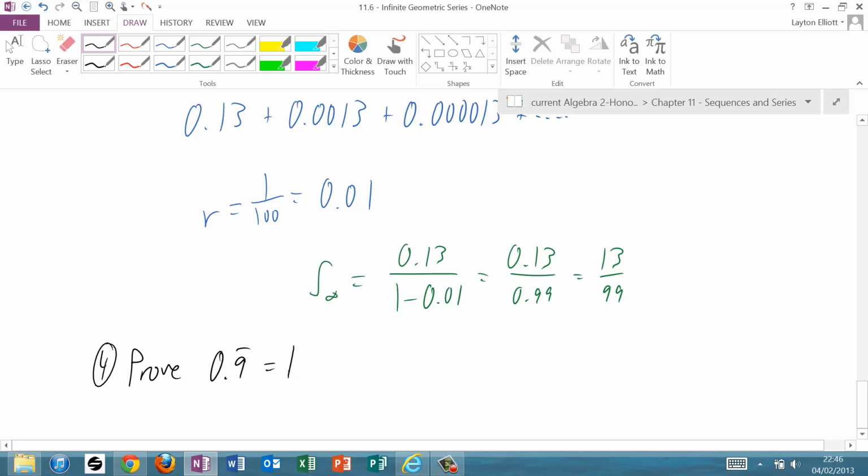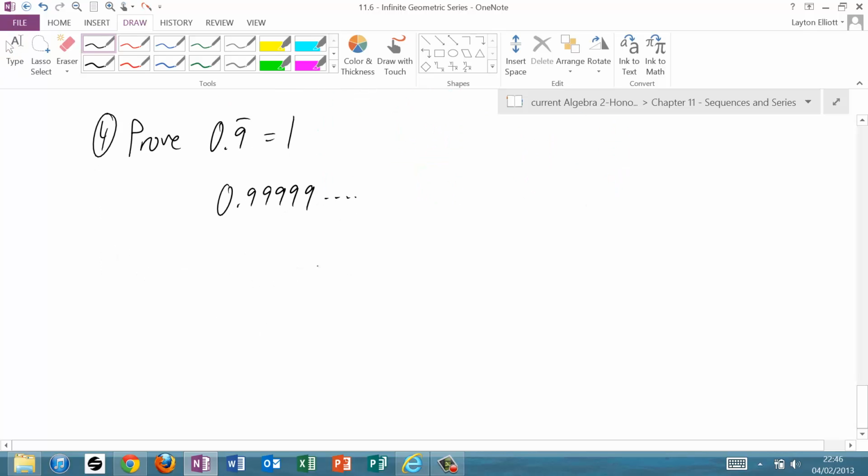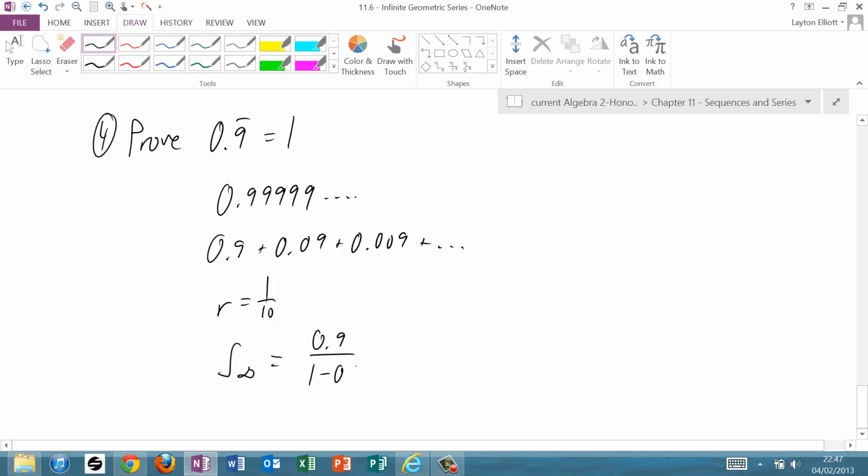If I'm going to prove that 0.9 repeating is equal to 1, let's take that as 0.9999999... And I'm going to say that that is equal to 0.9 plus 0.09 plus 0.009 with an r value equal to 1/10, and s infinity equal to t of 1 over 1 minus 1/10, which is 0.9 over 0.9, or 1. That 1 happens to be the decimal representation of 0.9 repeating.